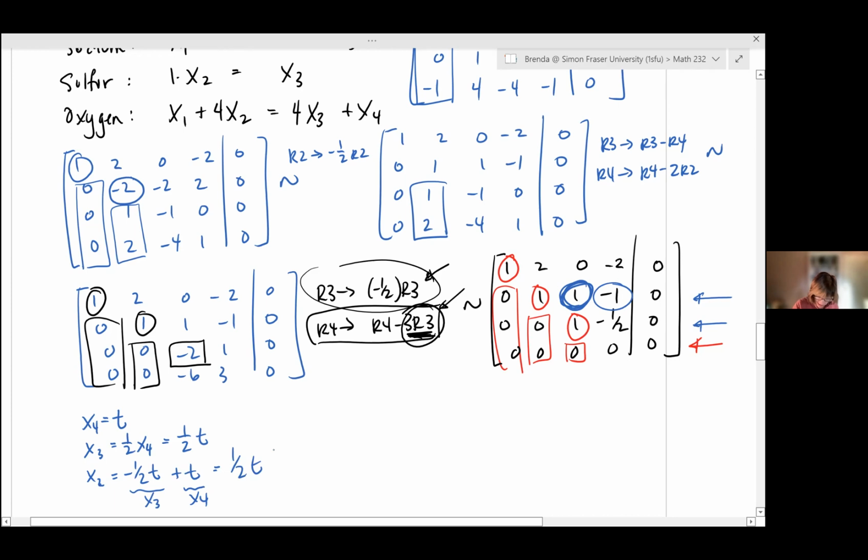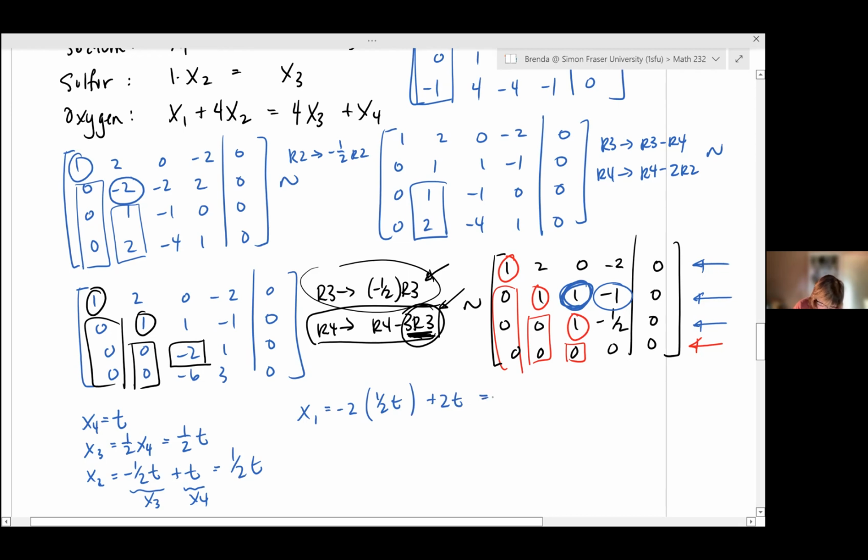And then I follow that up here with this first row. I get that x1 is equal to minus 2 times x4, which is 1/2 t. That gives me t. Oh, sorry, I forgot to add in x2. So that is 2t.